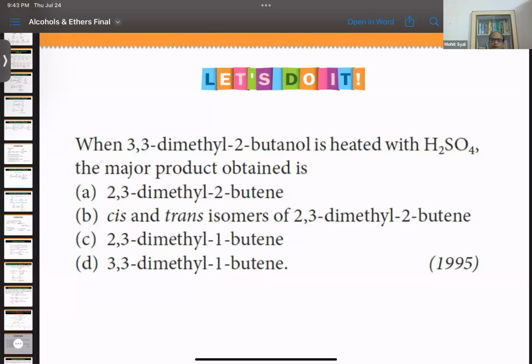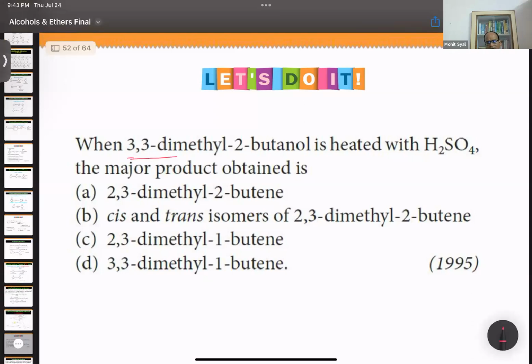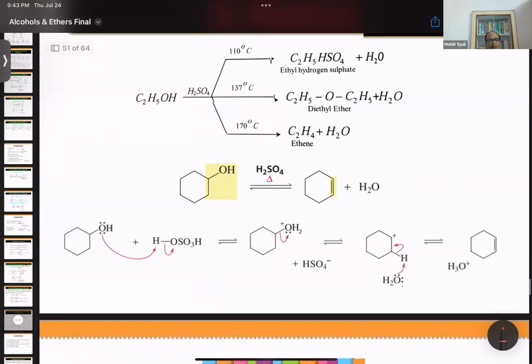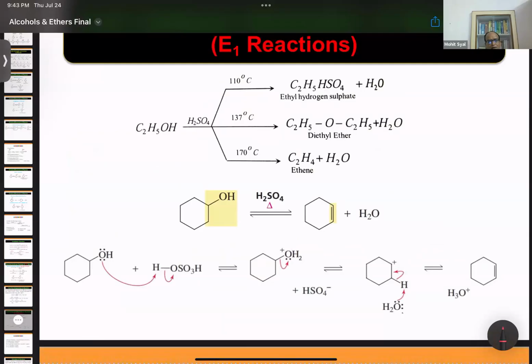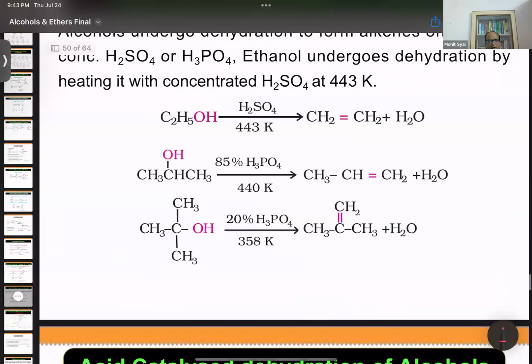Ibrahim, are you there? Jaslin, Jovita. So what is the final answer? Instead of going to the final answer, first try to write this structure. I hope that basic dehydration part is clear to you. I'm assuming that because I have already told you, right? So this is dehydration, and you are going to end up with something.